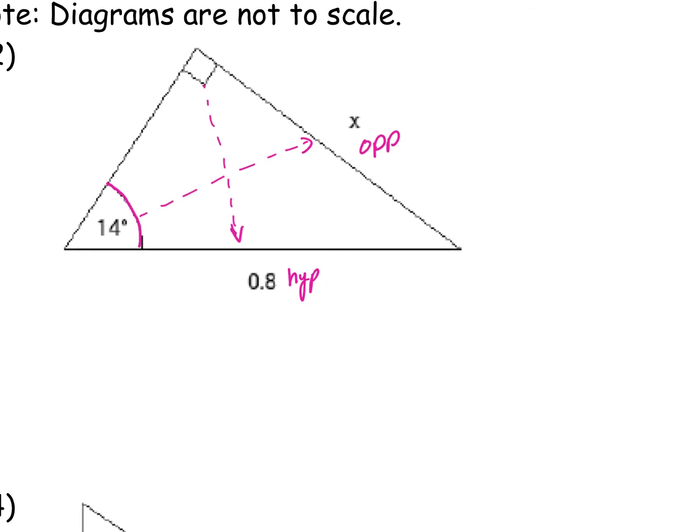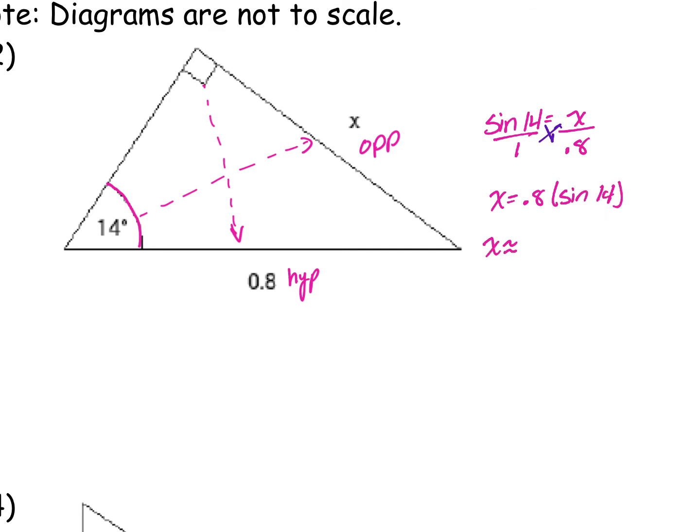And then I'm going to do sine of 14 equals x over 0.8. Okay? Cross multiply. And I get x equals 0.8 times sine of 14.